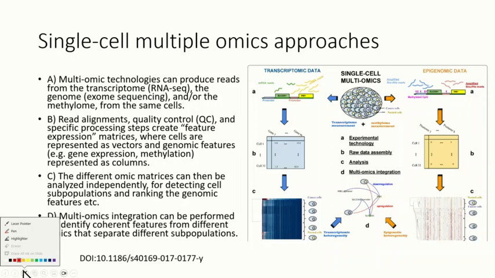In addition to single-cell RNA-seq expression data, you, for example, get epigenomics data for the same population of cells, or for the same cell type, or exactly the same cell.